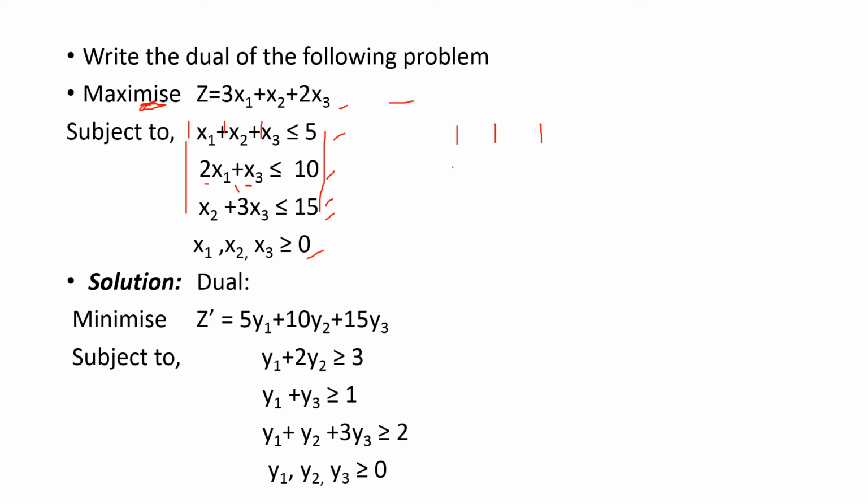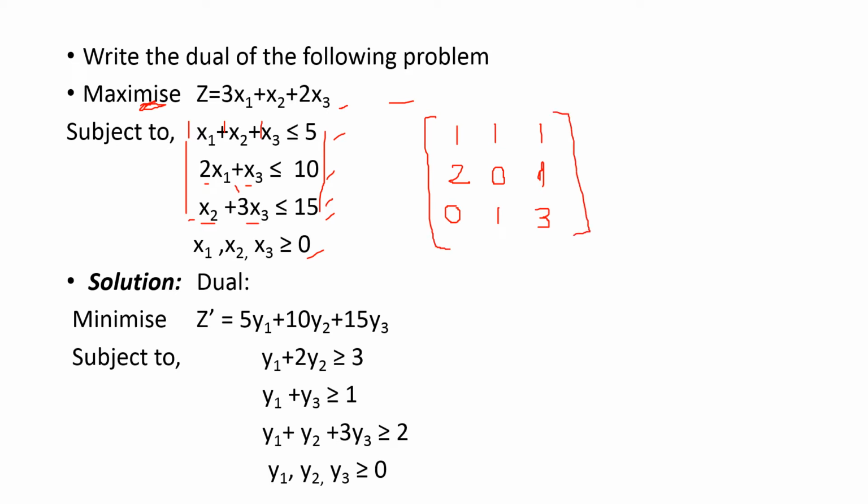And for the third constraint, no x1, so 0, and x2 is 1, x3 is 3. So 0, 1 and 3. So this is the matrix form of the coefficients of the constraints.